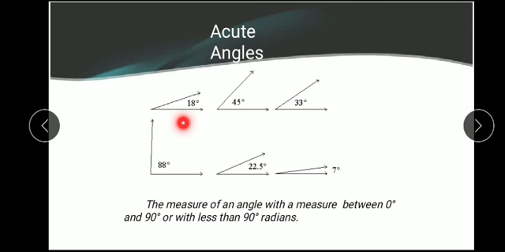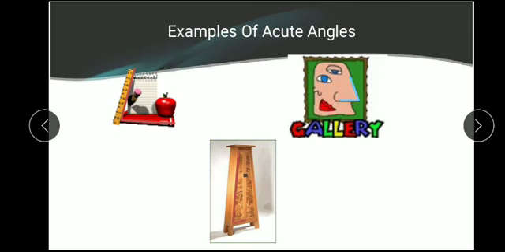You can see here 18 degrees, 45, 33, 88, 22.5, 7. Such angles whose value is between 0 and 90 are called acute angles. This is also acute.